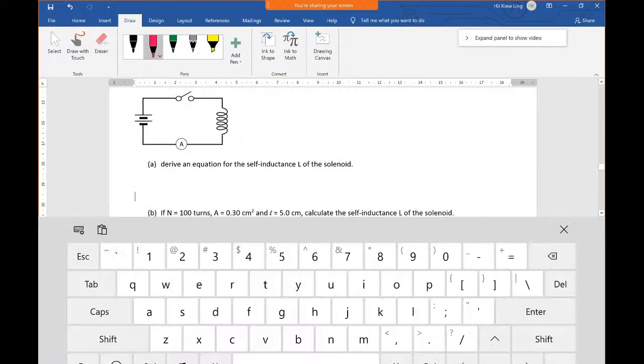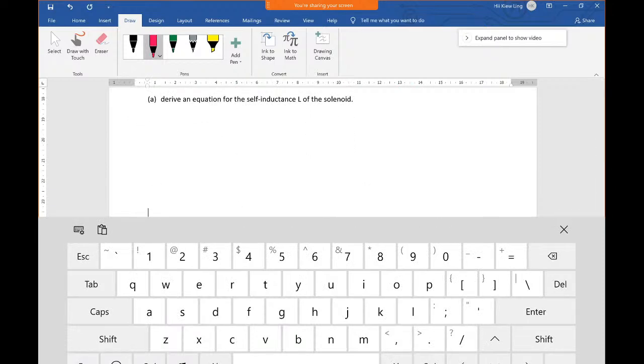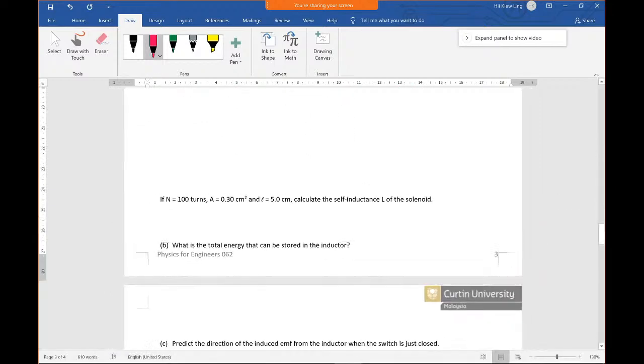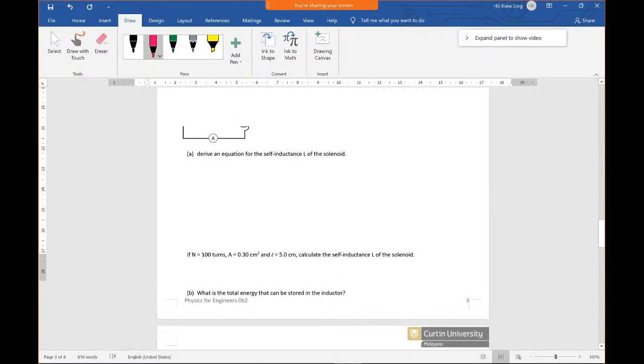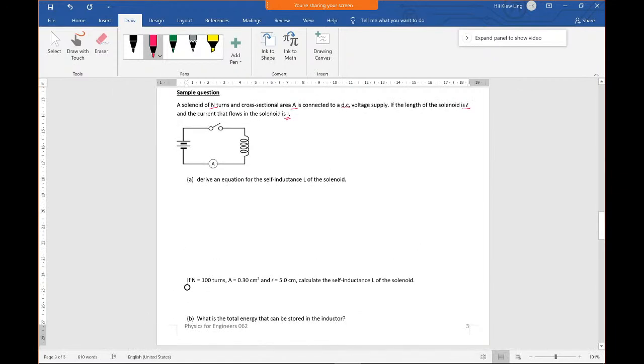Self-inductance is the one with the unit Henry, if you remember. For an inductor, the induced EMF is equal to negative L times delta I over delta T.